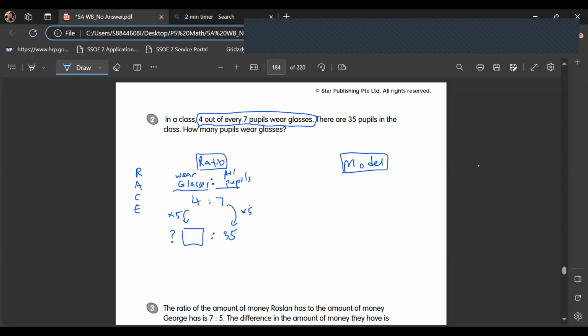For the model, the whole class is made out of 7 units of people. Not 7 students, sorry.